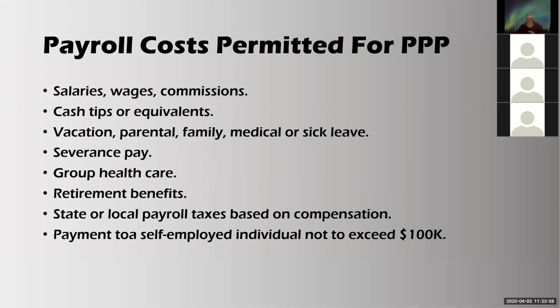Aurora has an occupational tax, and it'll cover that. This will also cover payments to a self-employed individual not to exceed 100K. So as long as your income is under 100K, then you can do this one.